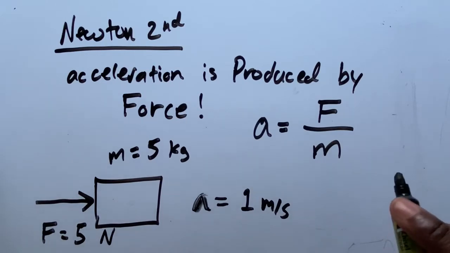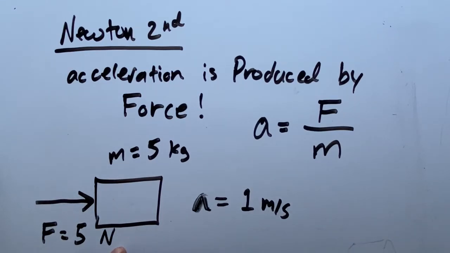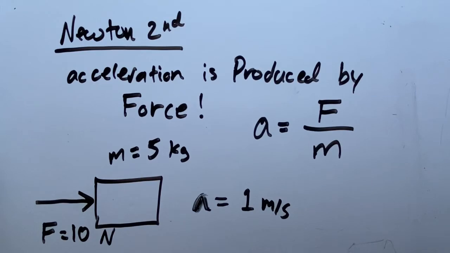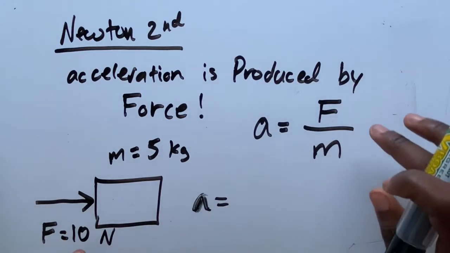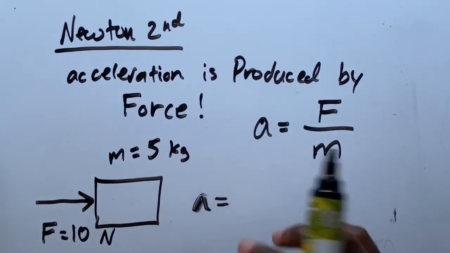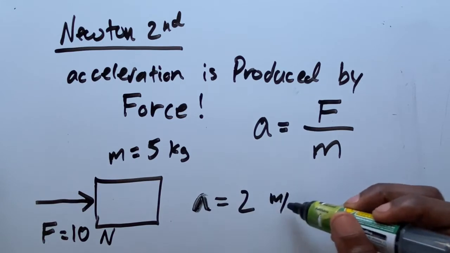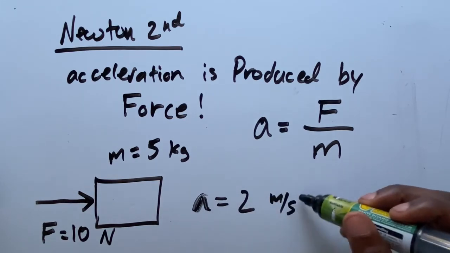Now let's say instead of pushing it with a force of 5, we double the force, and we now push it with a force of 10. Now, what's the acceleration going to be? Well, now we're going to do 10 divided by 5. So now the acceleration is going to be 2 meters per second squared.